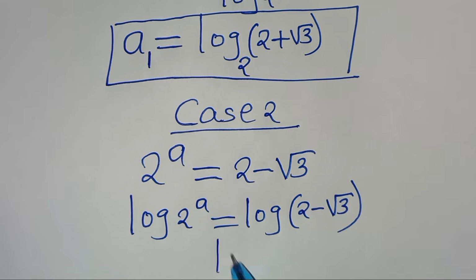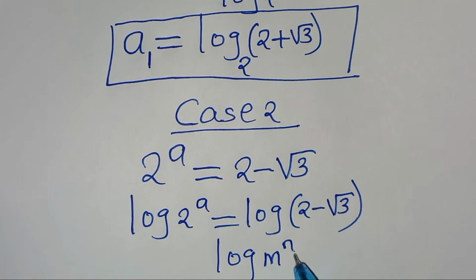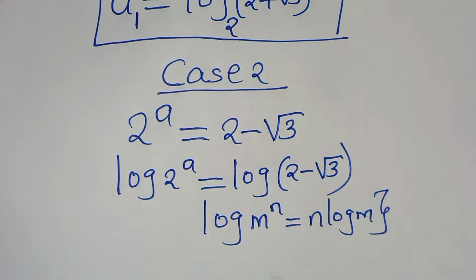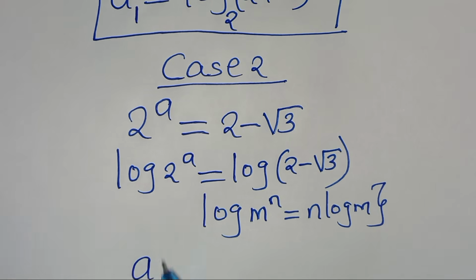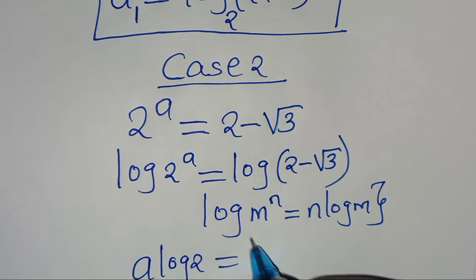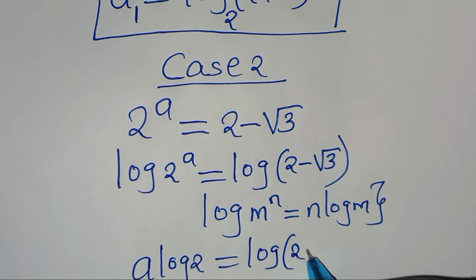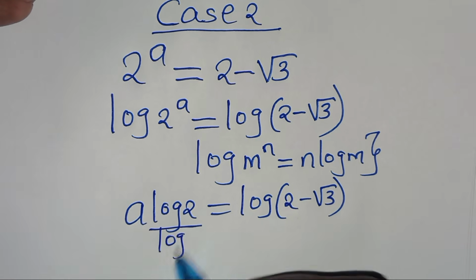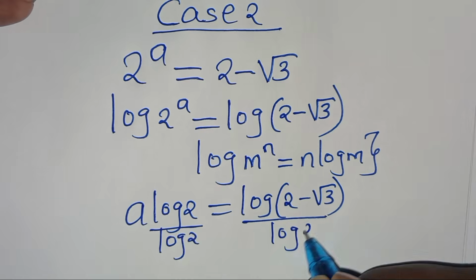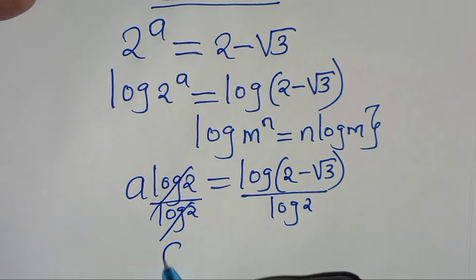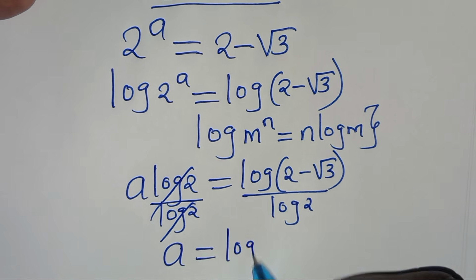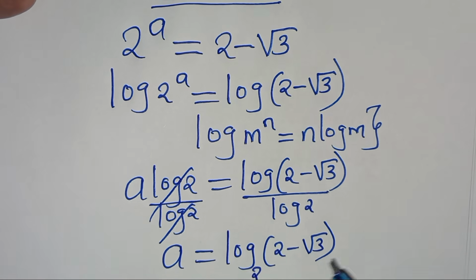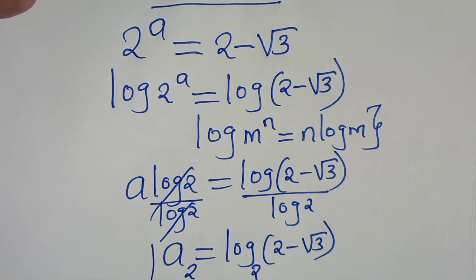Log m to the power of n can be expressed as n log m, so applying this property, we have a log 2 equal to log of (2 minus the square root of 3). So let's divide both sides by log 2, and this implies that a is equal to log of (2 minus the square root of 3) to base 2. So this is the value of a2.